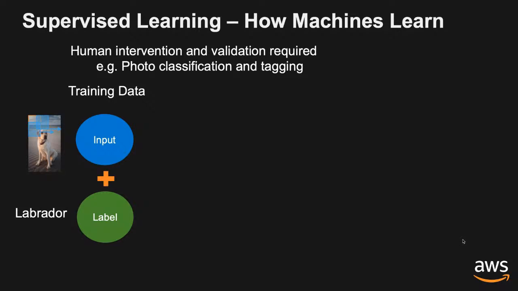Always you pass the data along with its label, and you pass the maximum amount of data possible, because at the end of the day, the idea is to come up with a model such that it can do better prediction.